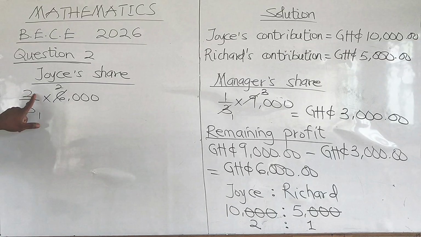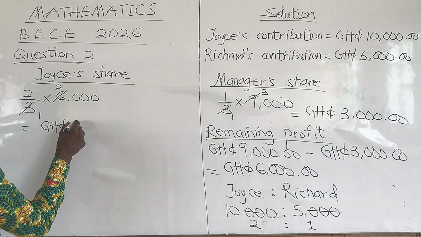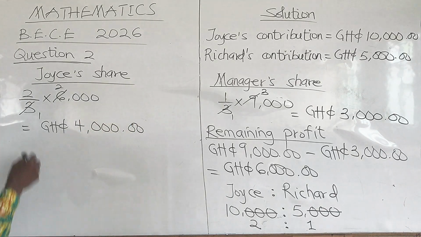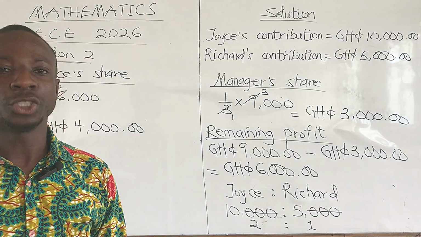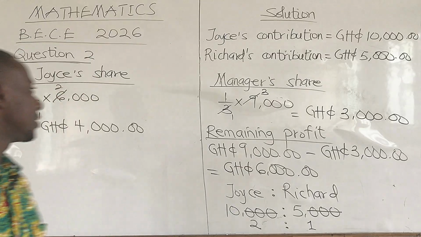So from here, 2 times 2, we have 4,000. 2 times 2 is 4 and then 1,000. And this answers the first part of the question, Joyce's share, or the amount Joyce received.